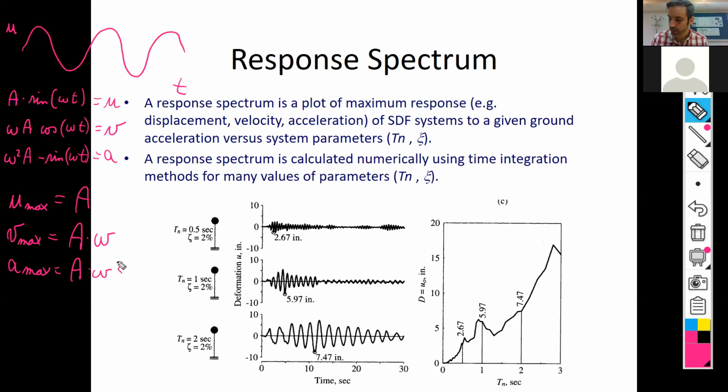Okay? That is just how the trigonometric function works.